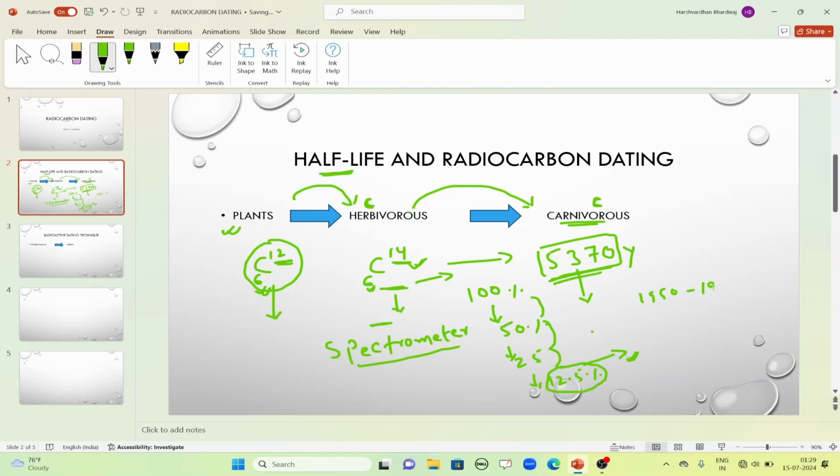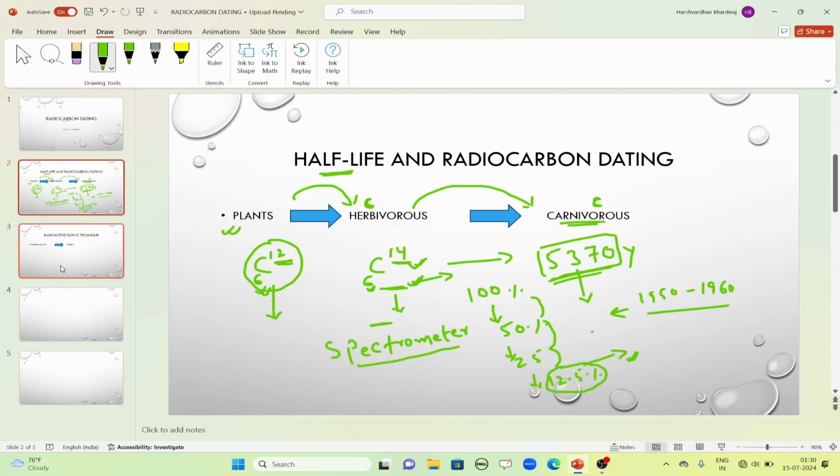So a fossil might have taken up carbon 14 radioactive isotope, and even though the fossil is older, it will show as recent. So there can be differences in this calculation. This is one of the drawbacks of radiocarbon dating.